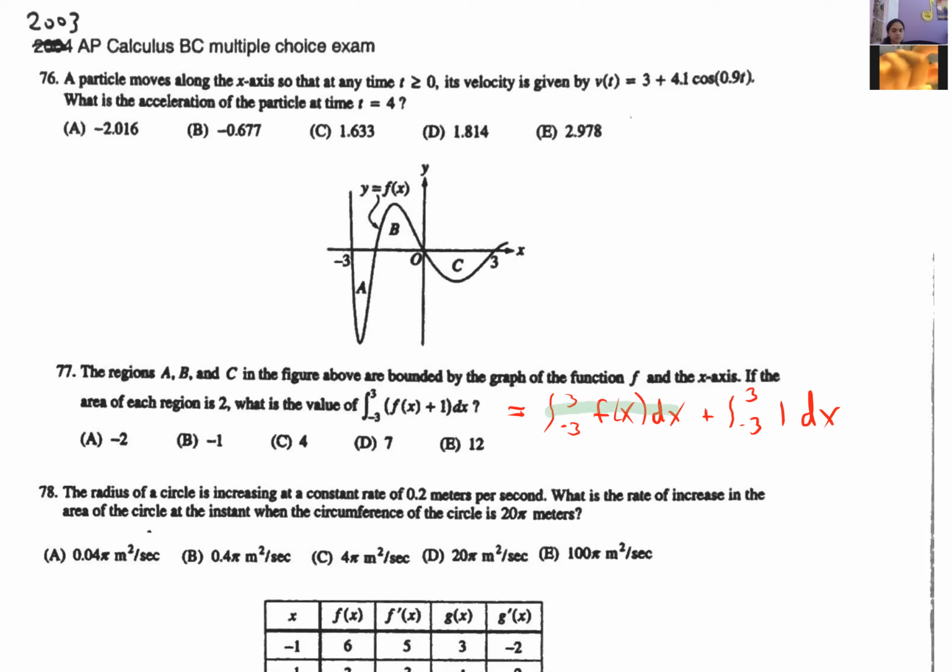If you want to find this integral from -3 to 3, it says the area of each region is 2. So that means, let me highlight it here, this area is going to be -2, this will be +2, this will be -2.